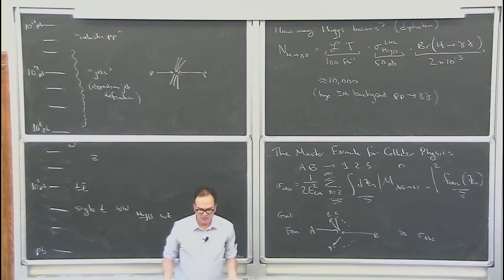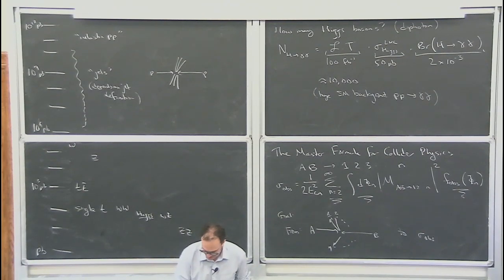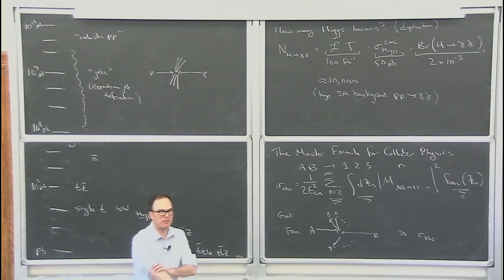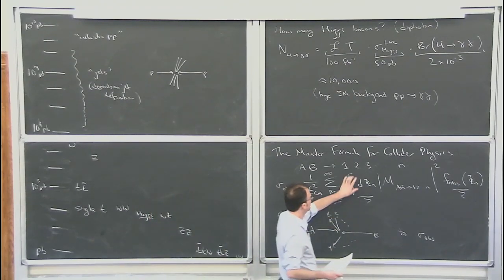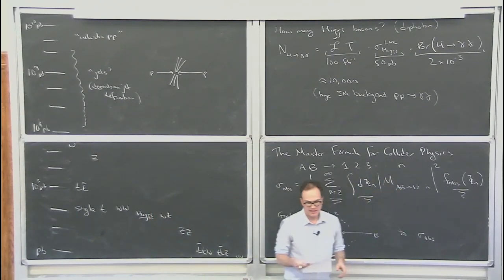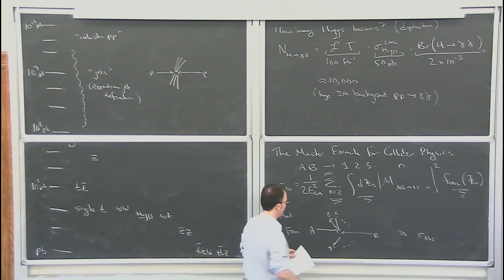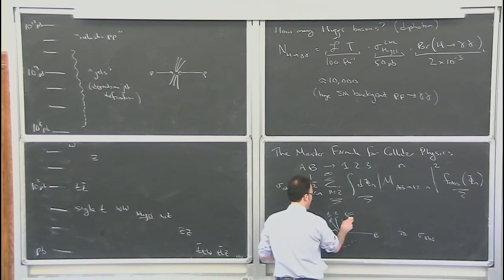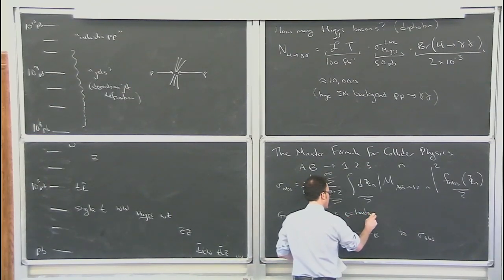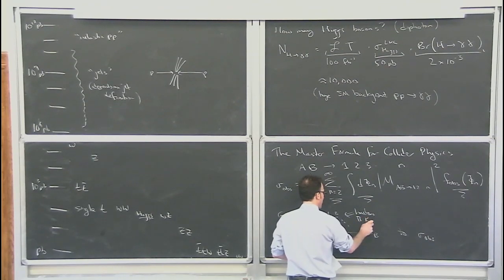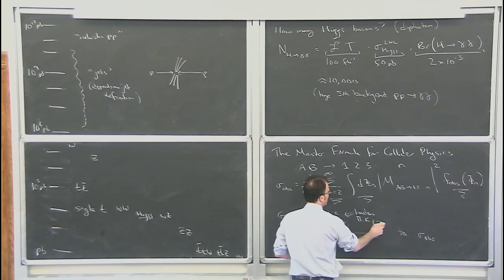So that seems pretty straightforward. Why am I making such a big deal about it? The problem is that this 1, 2, 3 up to n, what you measure, these things are hadrons. So these are pions, these are kaons, protons, neutrons.